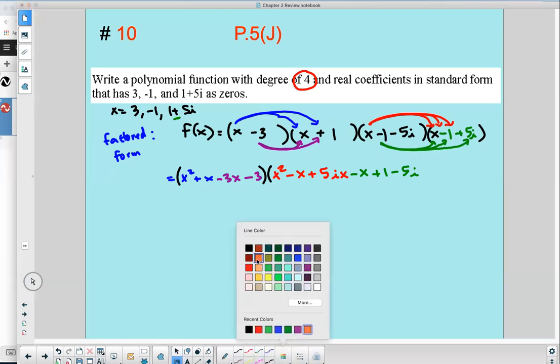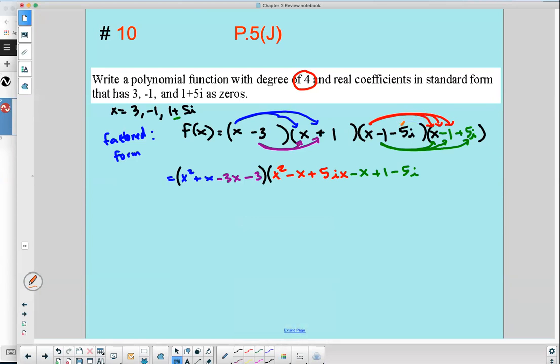Now negative 5i times x, negative 5ix. Negative 5i times negative 1 is a positive 5i. And last one, negative 5i times positive 5i is negative 25i squared.